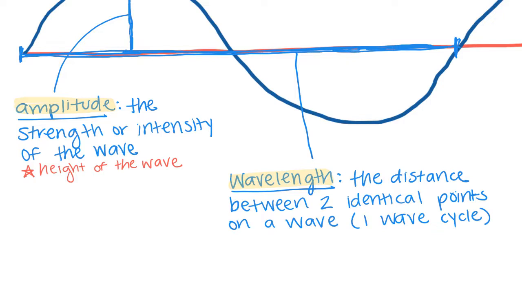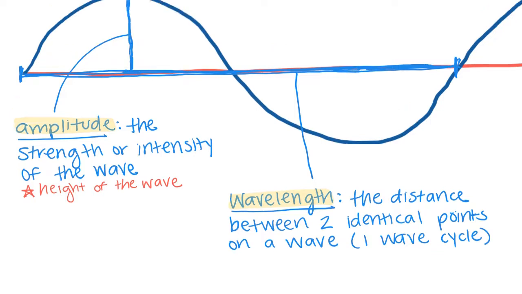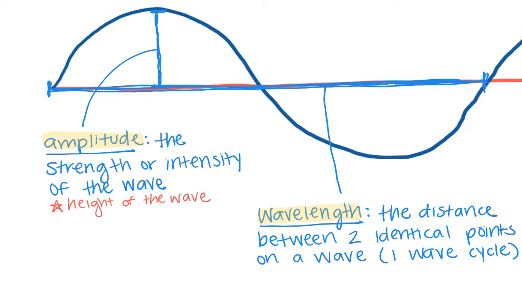So what we're thinking about when we are talking about wavelength is we want to know when that wave returns back to its kind of initial position. So this is one entire wavelength here, right?